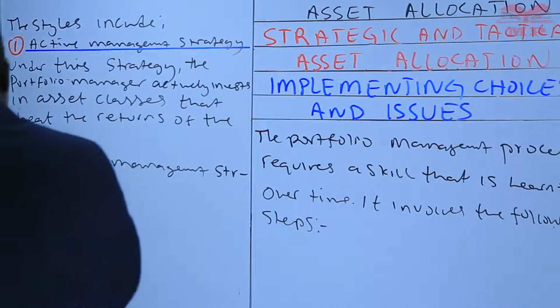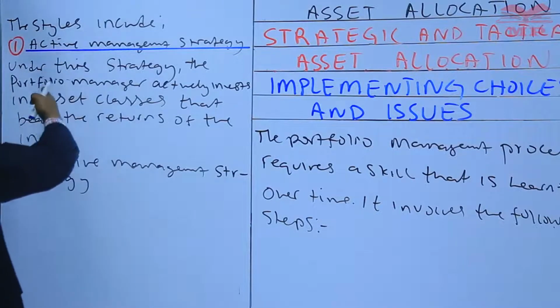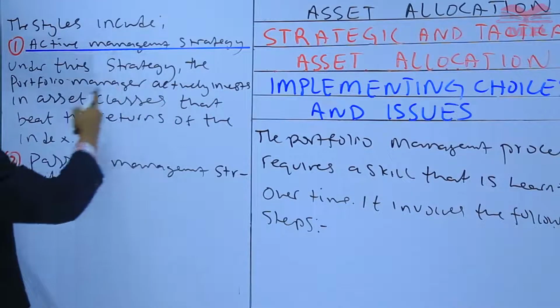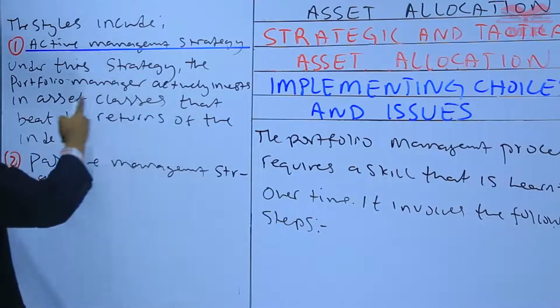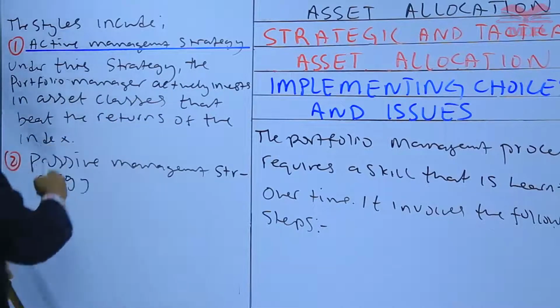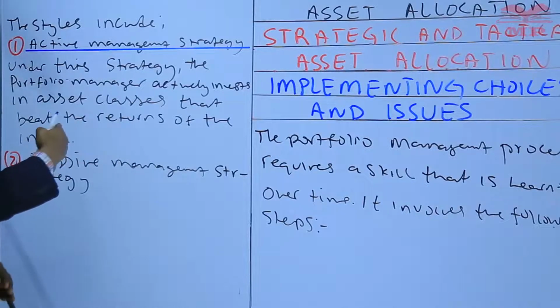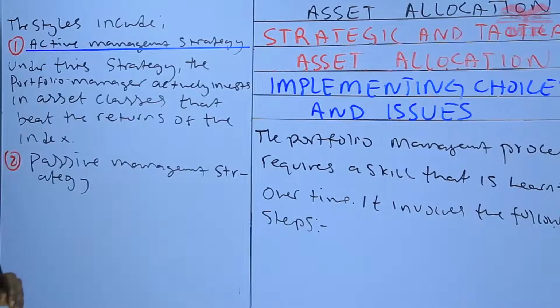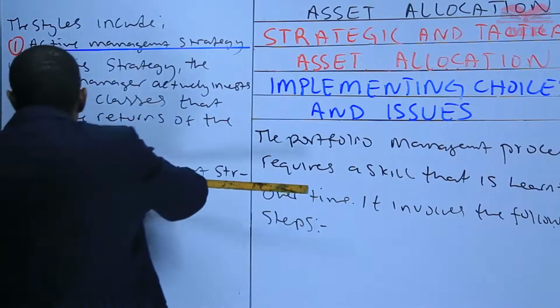Under the passive management strategy, let me just reiterate this. Under the active strategy, the portfolio manager actively invests in asset classes that beat the returns of the index. If you're beating the returns of the index, then under passive management strategy, you're going to try and earn returns similar to the index.